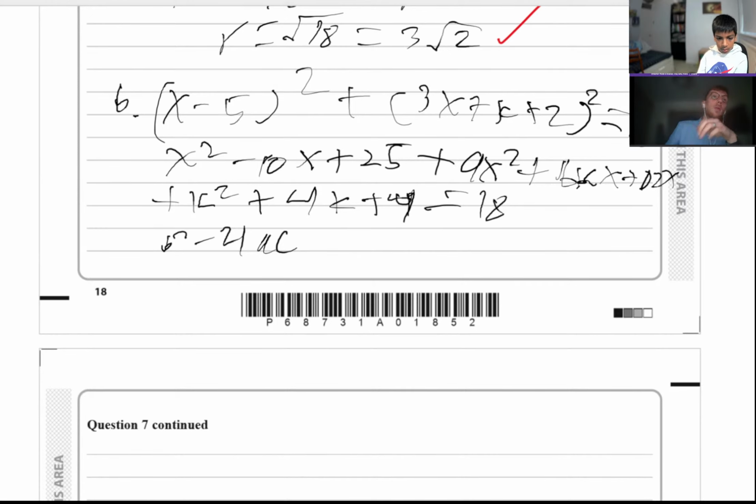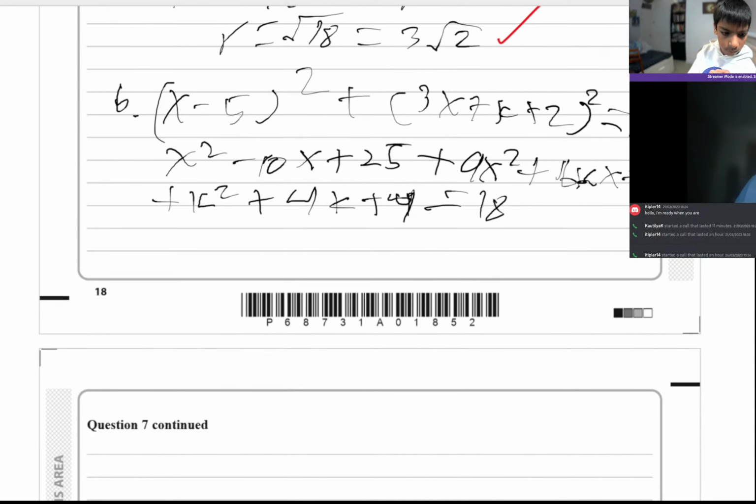What might we want to do before we can use that? We might want to change the quadratic a little bit. Yeah, we can change that to x squared and 9x squared, that's 10x squared.